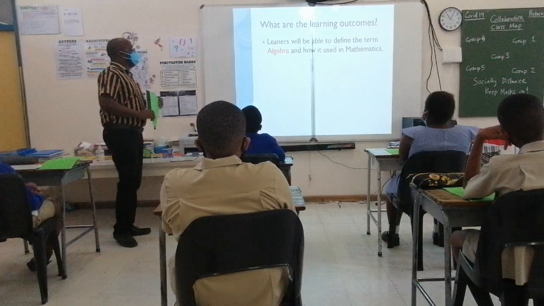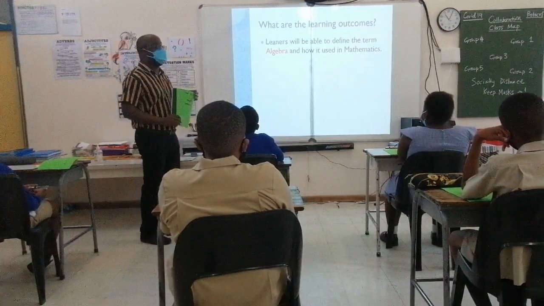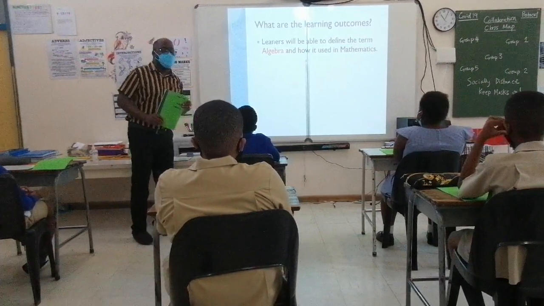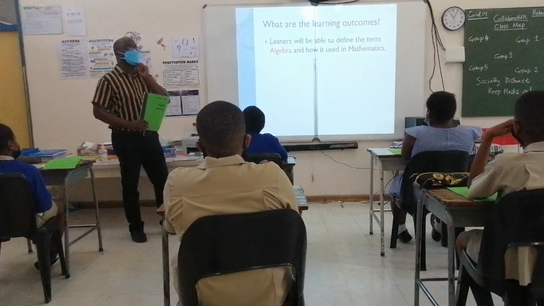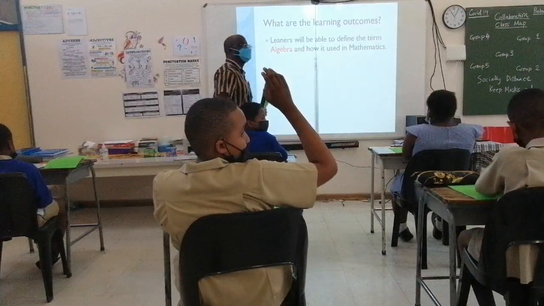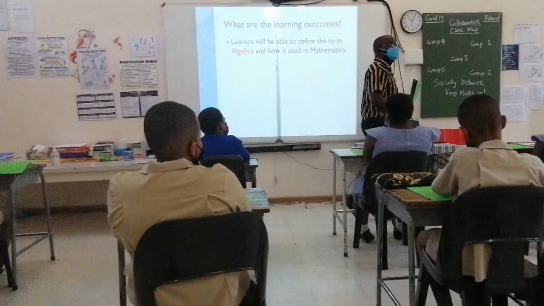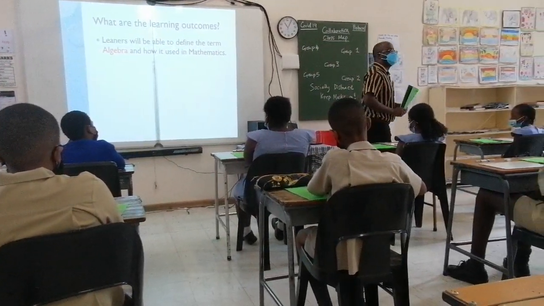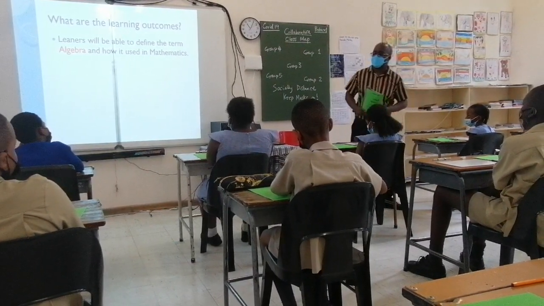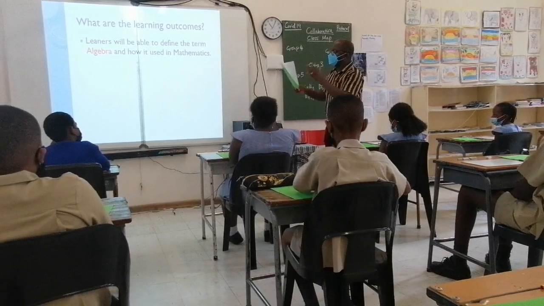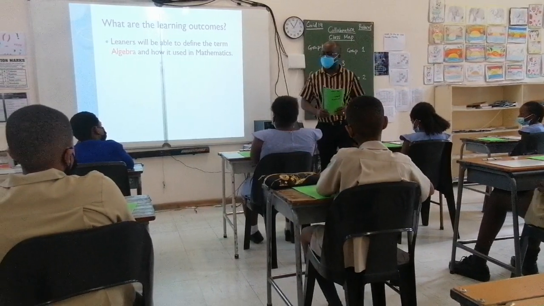Learners will be able to define the term algebra and how it is used in mathematics. Who thinks they can explain what that means? Fatima. It means that we should be able to define, to know what the term algebra means and how it is used in math. Excellent. So we'll be able to know exactly what algebra is. Very, very good answer, Fatima.